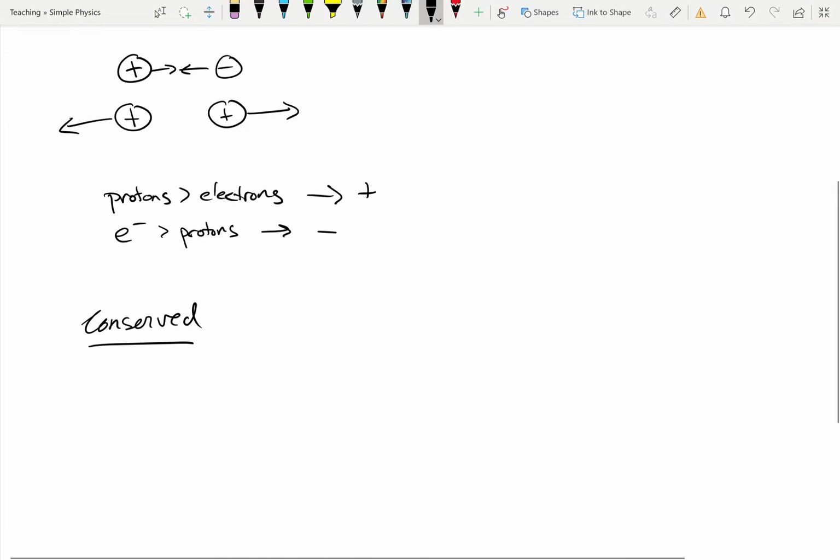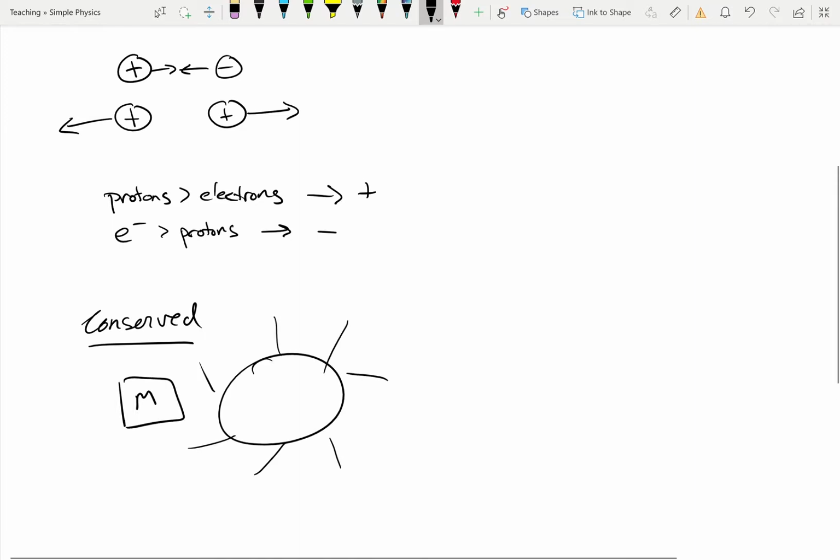There are other types of conserved things, and that would include mass, energy, and momentum. And for anybody who fondly looks back at kinematics, you'll recognize that as momentum.